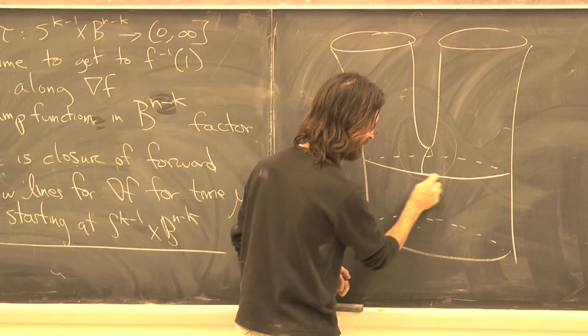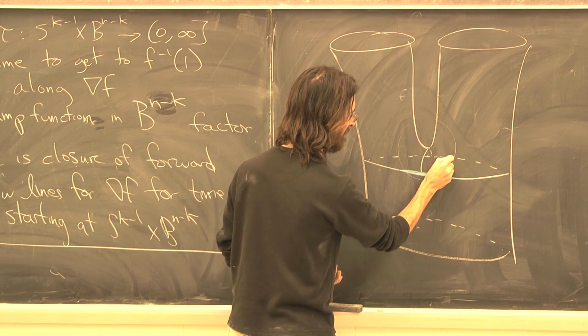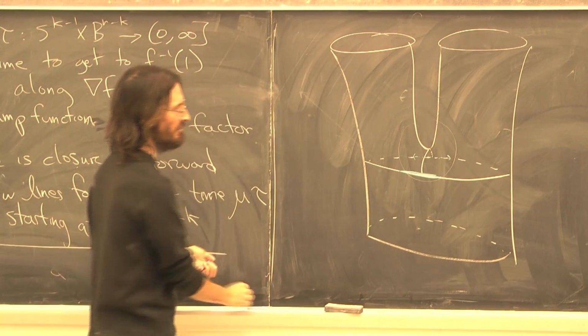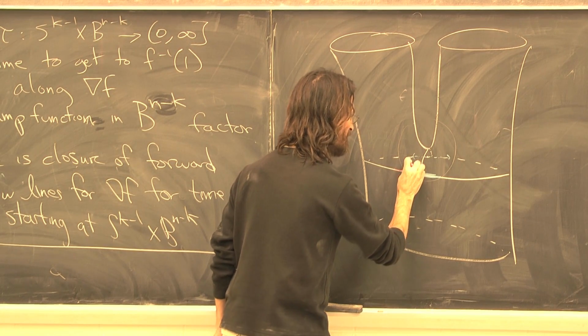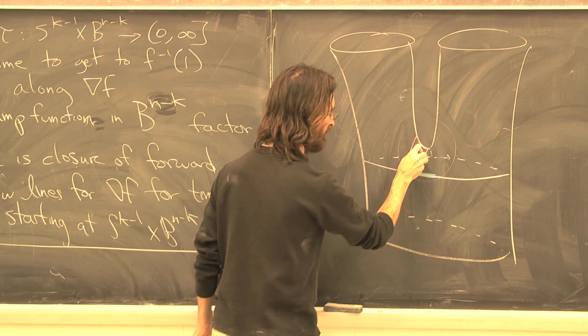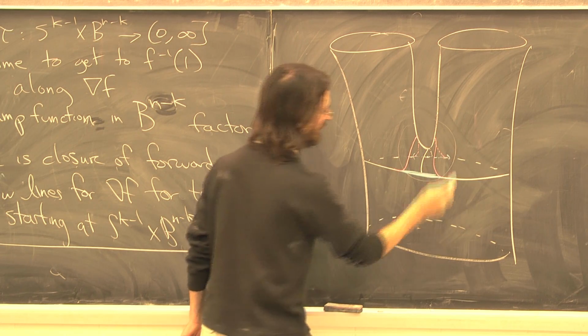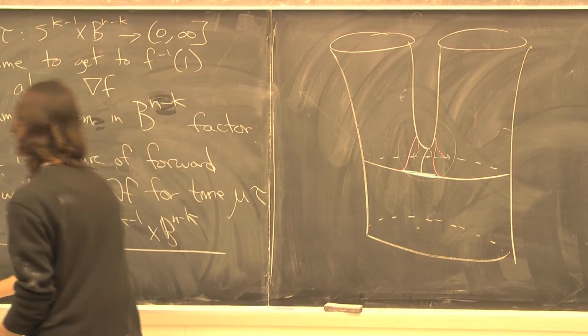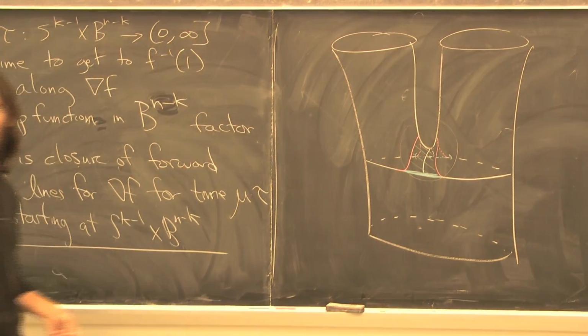Then I've got this S^(k-1) cross B^(n-k), and then I've got this handle that has this naturally smooth corner, something like that. So immediately upon attaching the handle, the result is smooth.